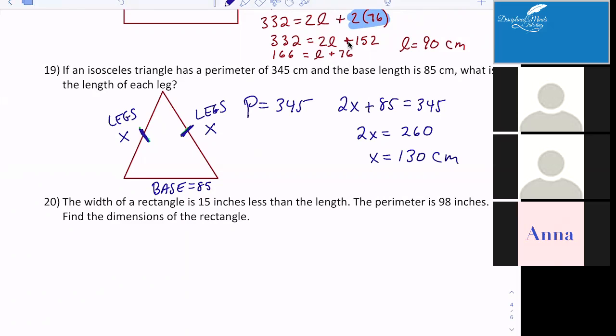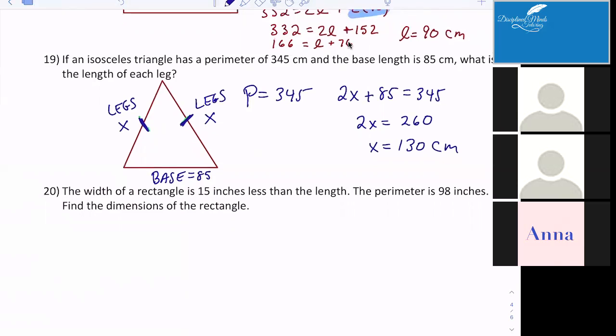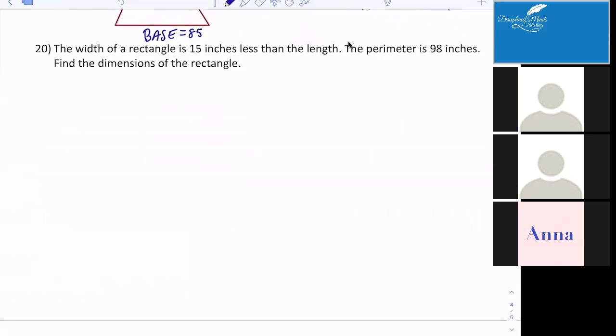Now a little bit harder. Okay, thank you. Number 20, we're going to draw another rectangle, please. There we go. Here we have a length and a width.